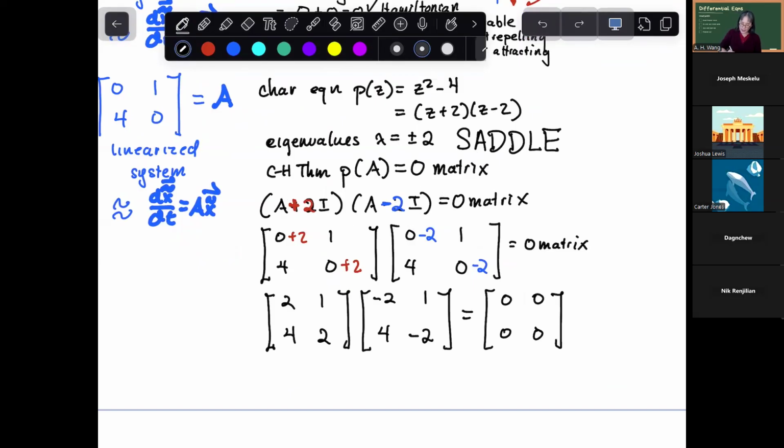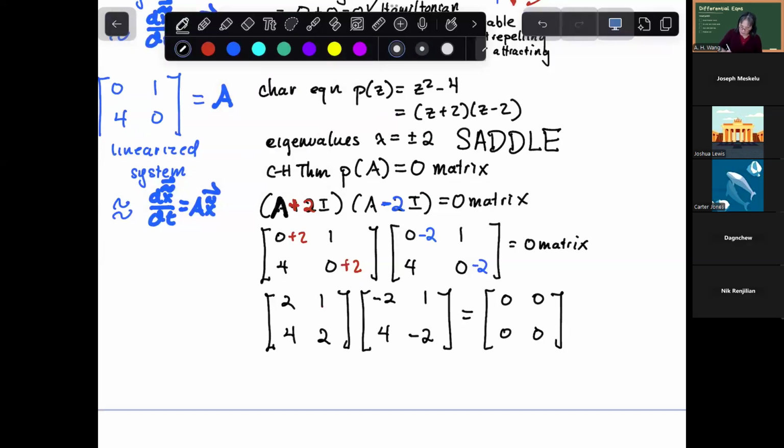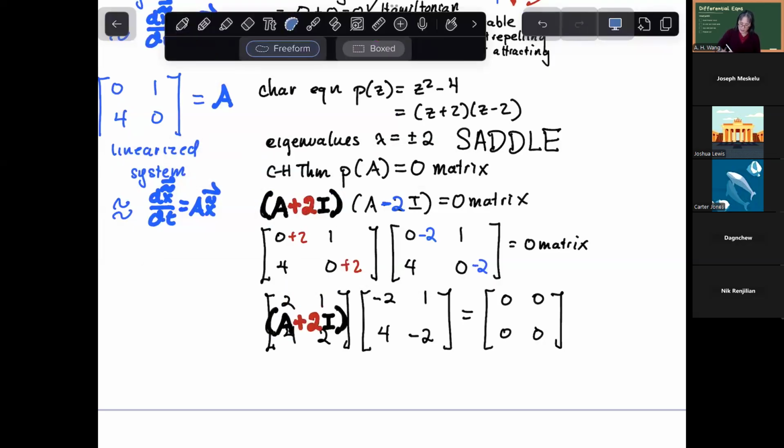But what you have now is this A, right? And you have the plus 2i, and that's the first one. So he's this one, and he is acting on this to give you the 0, and he's also acting on this to give you 0.